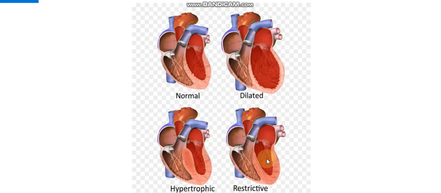Some things infiltrated into the muscle layer of the heart, some things got deposited in the muscle layer that actually led the heart to react just like a plastic bag. Okay, so the thing is that dilated cardiomyopathy is a systolic dysfunction and hypertrophic and restrictive are the diastolic dysfunctions.